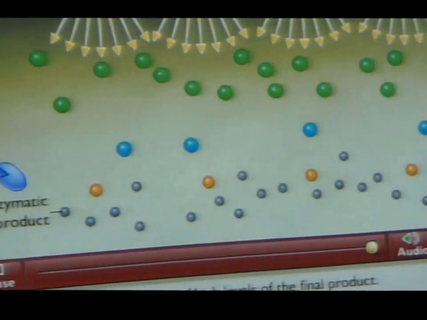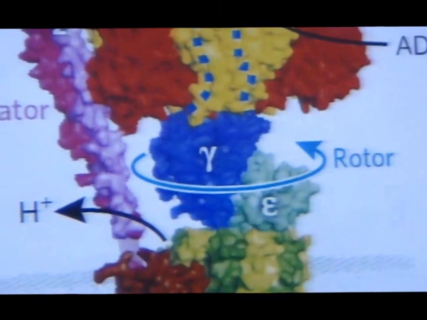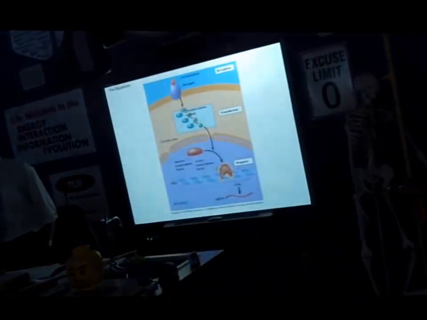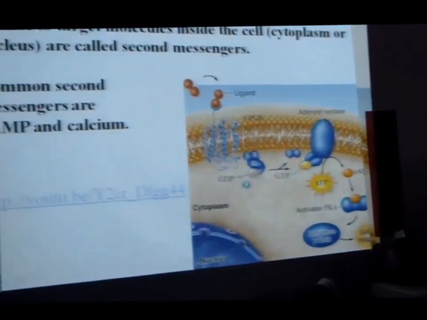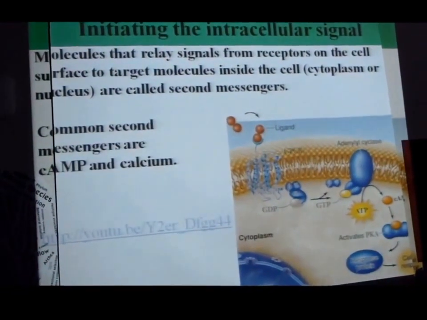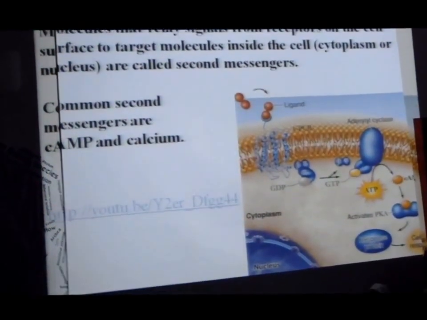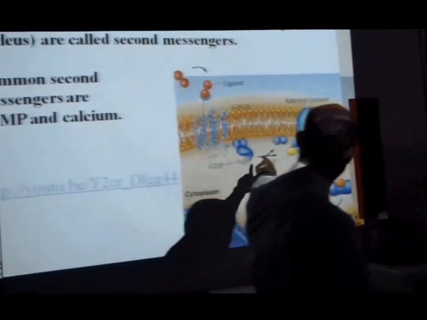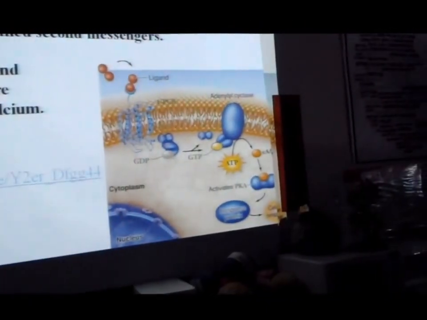Okay, so something is mentioned there called cAMP, cyclic AMP. The C stands for cyclic. So often what will happen is when the GTP moves across, it causes ATP to be made into AMP.